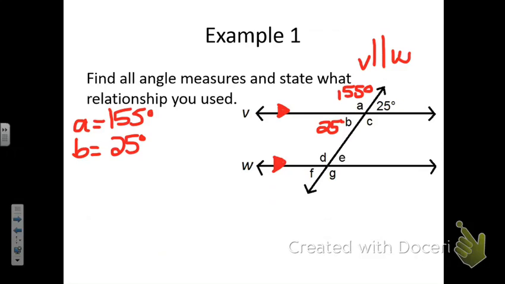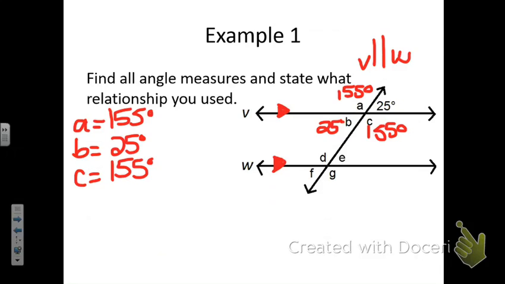Vertical. So those relationships that we've already learned in our past unit are showing back up again. We still have vertical angles. We still have those supplementary angles. All right. What about C? It is also 155. Why? Good. C and A are vertical, so it also has to be 155 degrees.